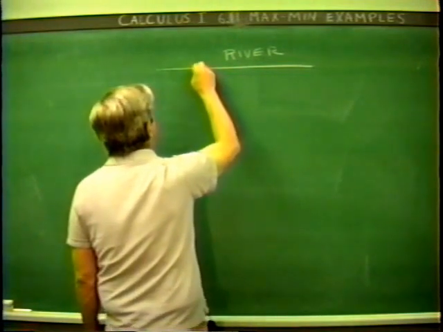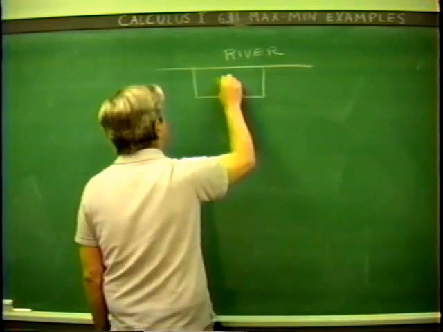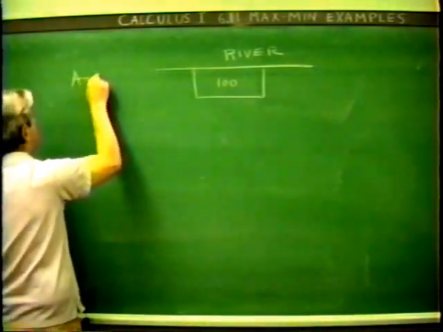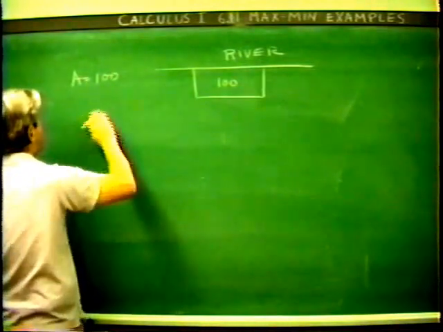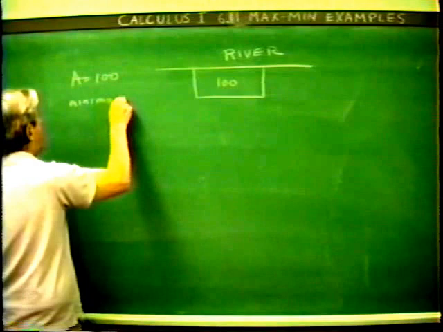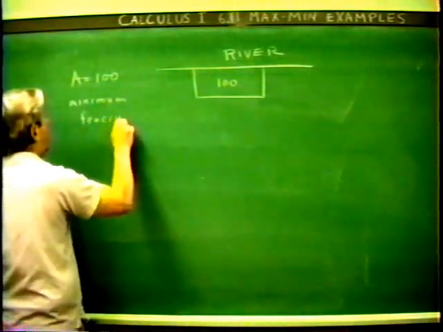Let's suppose again that this is a river. And now we've got a farmer here who wants to enclose an area of 100 square feet. The area is going to be equal to 100 square feet, and he wants to do this with a minimum amount of fence.